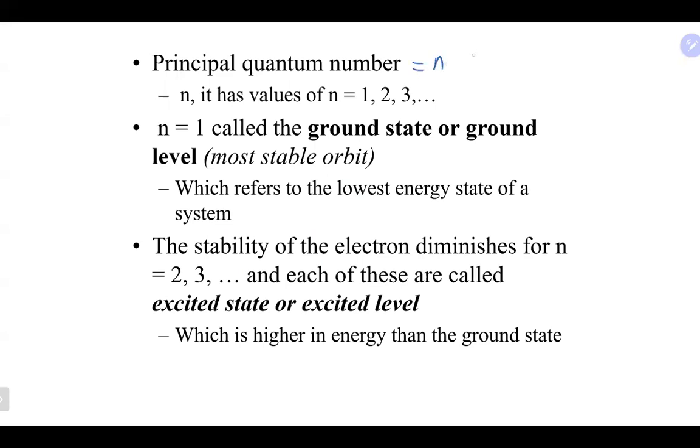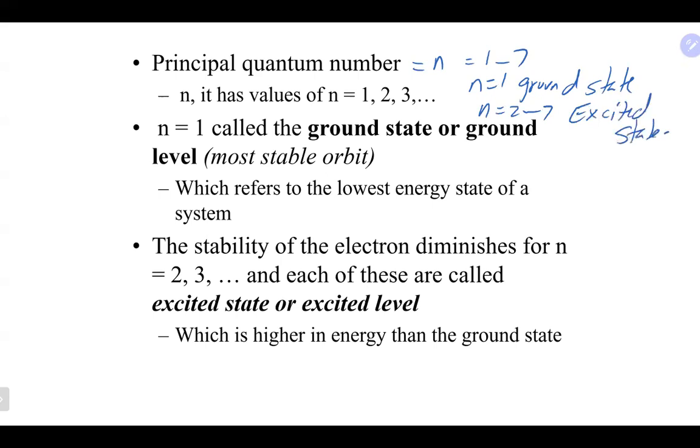It can have values of 1 through 7, where n equals 1 is the ground state, and anything above that, 2 through 7, are referred to as excited states. The ground state is closer to the nucleus. Anything above that is getting further from the nucleus. So n equals 2, 3, 4, 5, and we're getting farther and farther away from the nucleus.